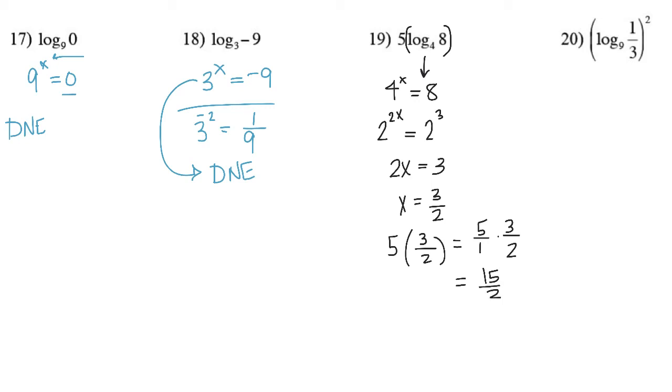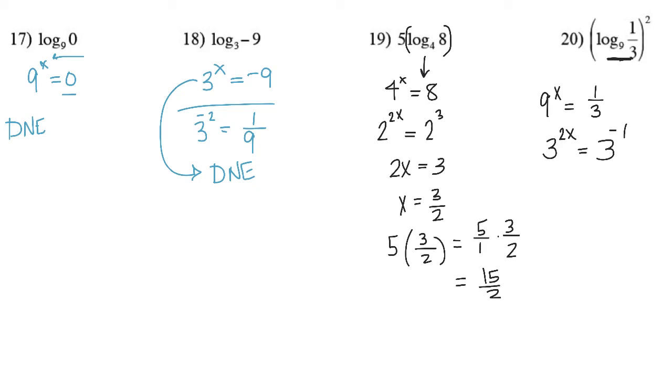Okay, and number 20, very similar. Again, let's figure out what's here on the inside first. So let's see, that's going to be, and let's just write it, 9 to what power gives me 1/3. 9 is 3 squared, so it's 3 to the 2x, excuse my cat, equals 3 to the negative 1.